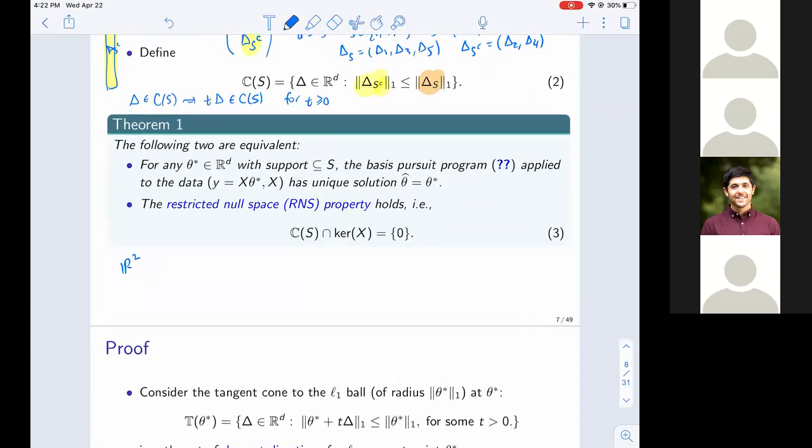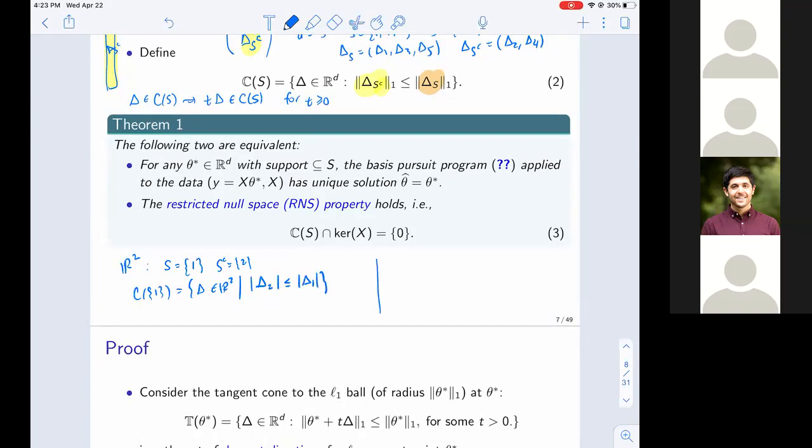In R2, let's say S is equal to 1 and S complement would be 2. So this set C_1 equals the set of all delta in R2 such that the absolute value of delta 2 is bounded by the absolute value of delta 1.